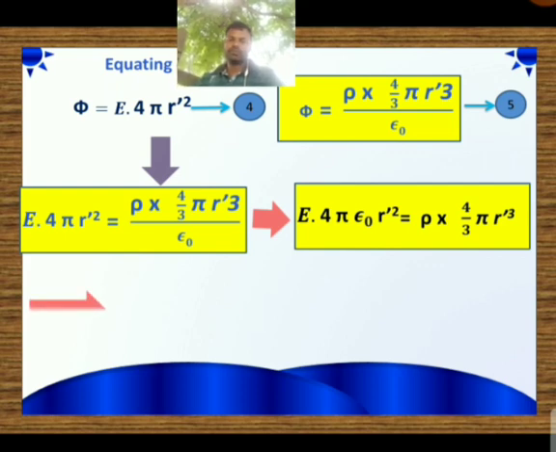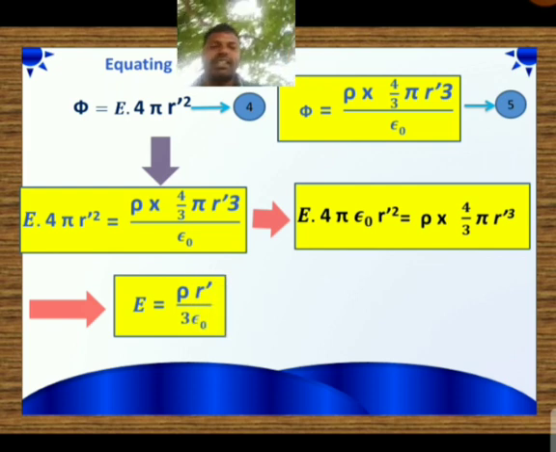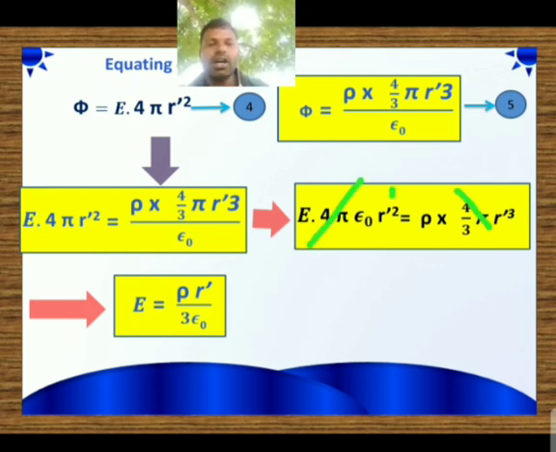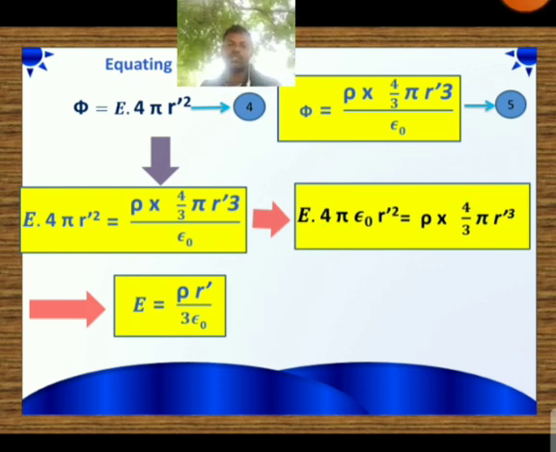Simplify again, then you will get E is equal to rho r prime by 3 epsilon naught. How? See here, 4 pi is there, and r prime square and cube, so you are left with only r prime, right? Epsilon is brought to this side, so E is equal to rho r prime by 3 epsilon naught.